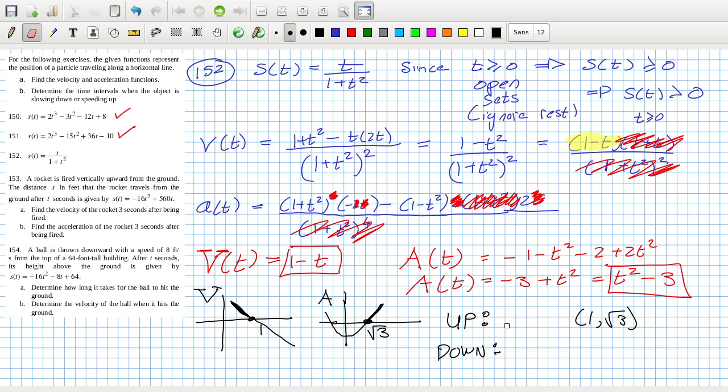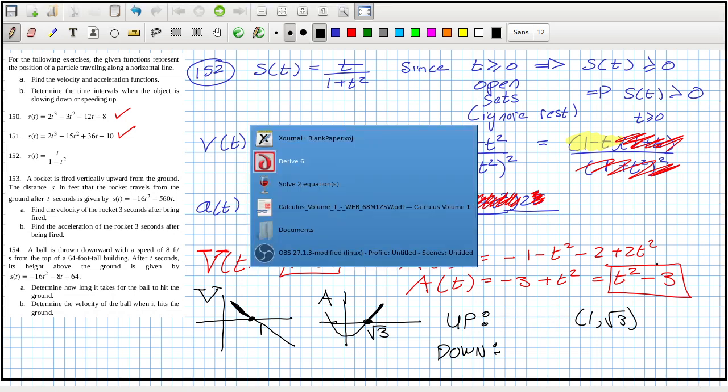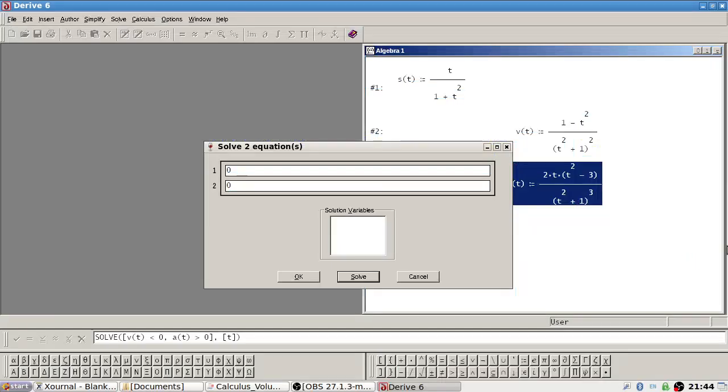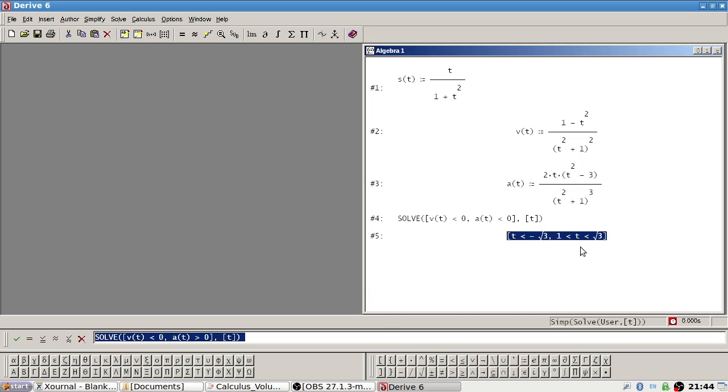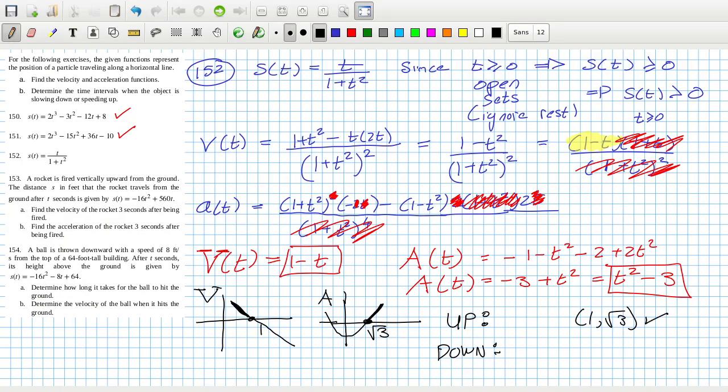So that's impossible, which corresponds to the answer I got outside the range. And then the other one is when they're both negative, which I think we got. Yeah, between 1 and root 3. Excellent.